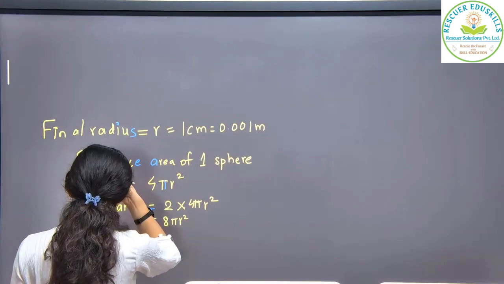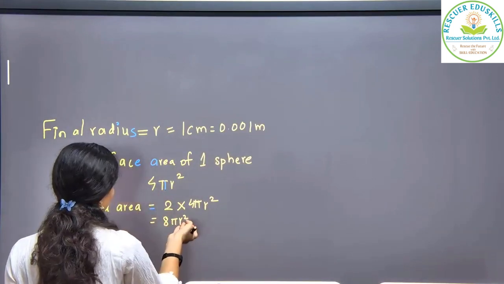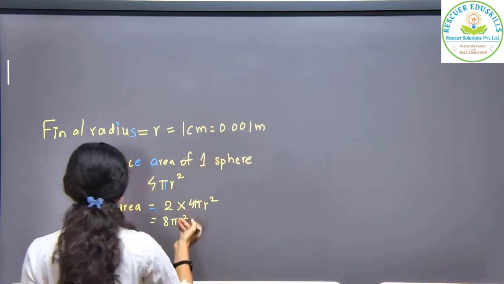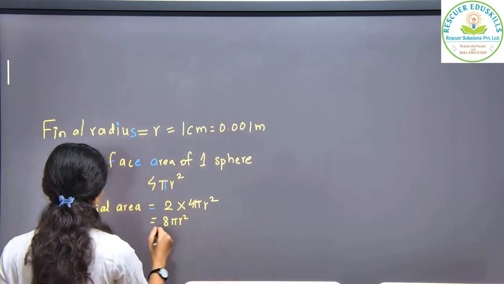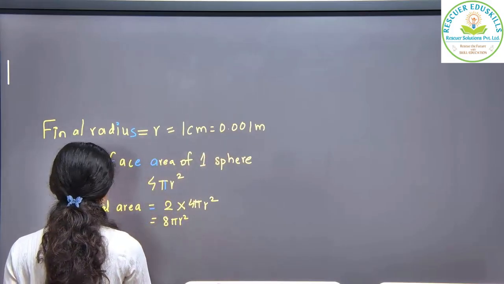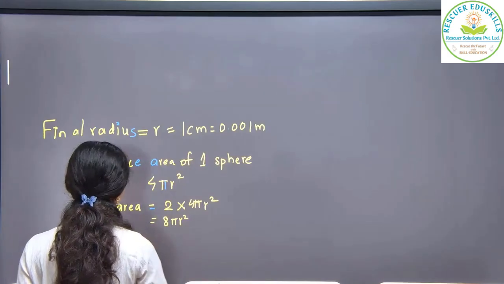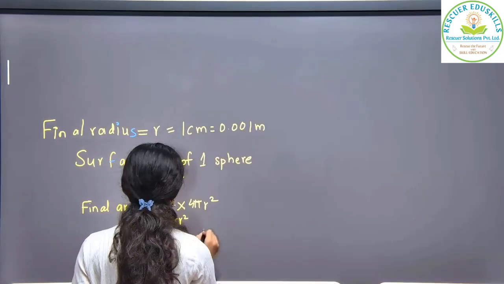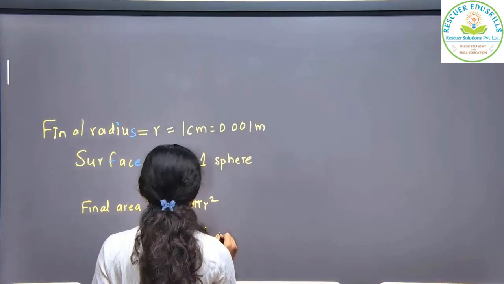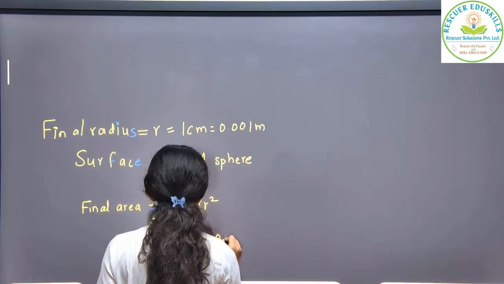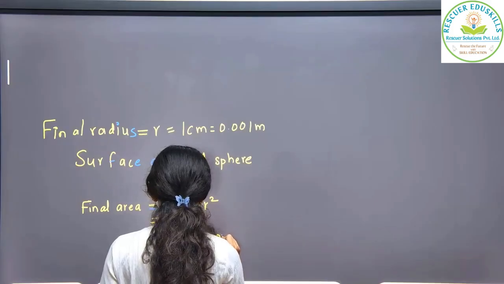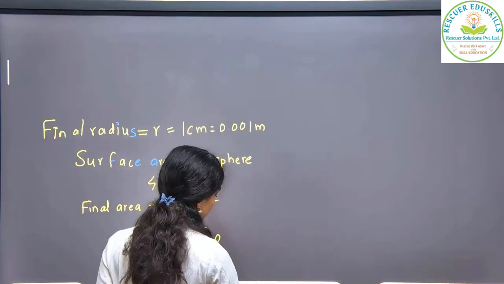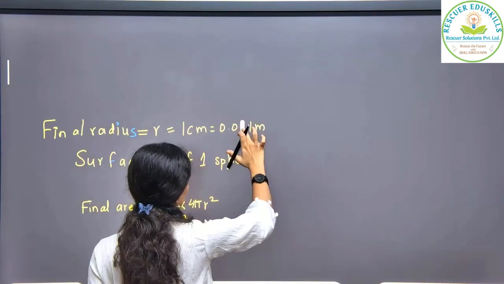Okay. So now we are going to just substitute this value of r in this equation. So substituting r, we will get final area delta A is equal to 8 into pi into 0.0. Sorry, I wrote 0.001. It is 0.01.